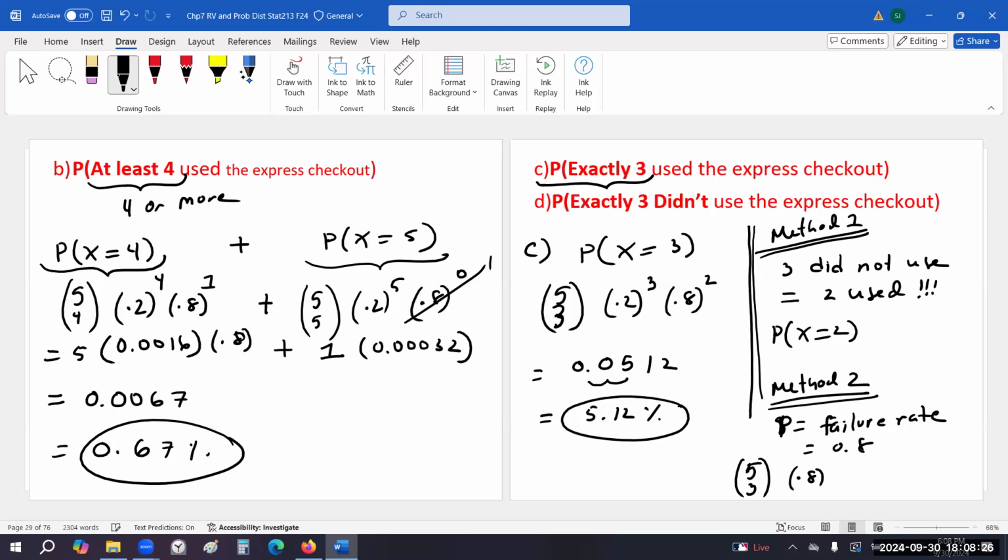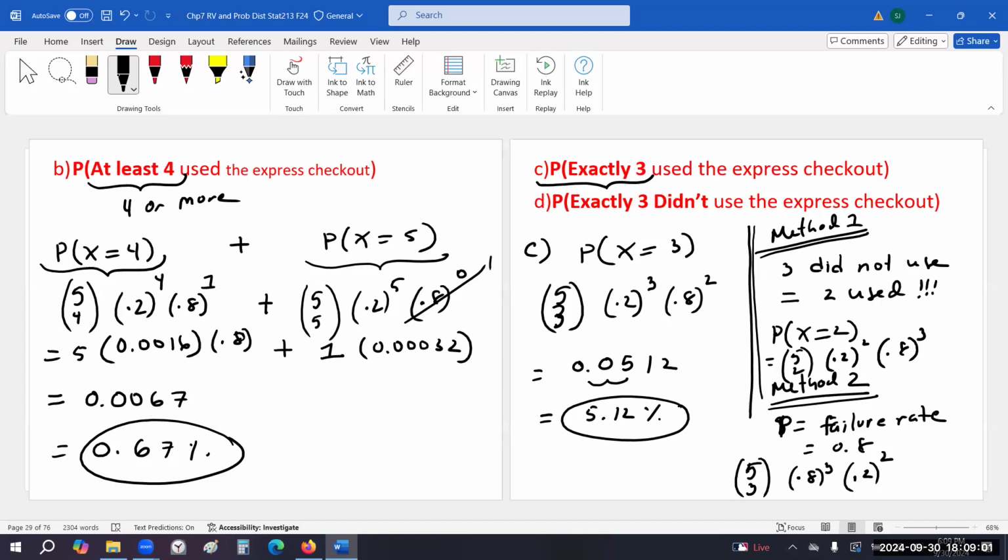So 0.8 to the 3 and 0.2 to the 2. This is 5 choose 2, 0.2 to the 2, 0.8 to the 3. Or 3 people did not use means 5 choose 3, 0.8 to the 3, 0.2 squared. Yep, that's it. That means 5 choose 2 and 5 choose 3.